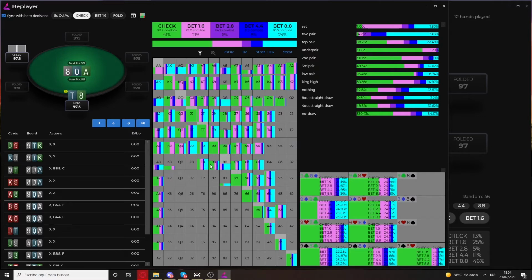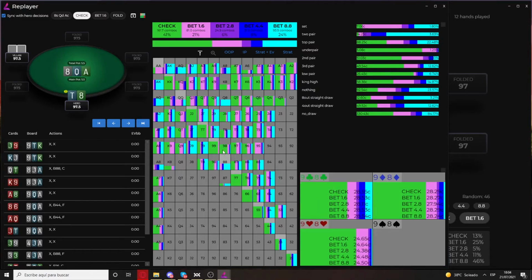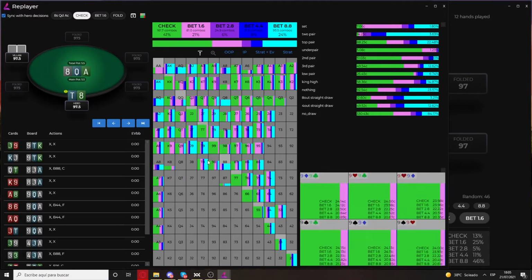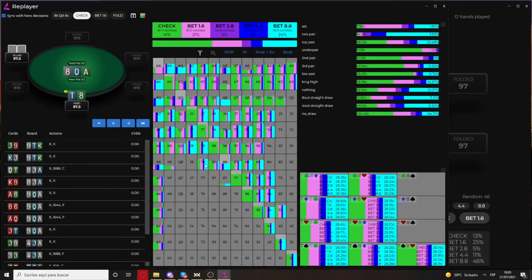For example, 9-8 is not really doing it. 9-8 is more along the lines of what I said before. Some of those combos are like 30 to 40% of the time betting, while this combo of 9-8 is betting like 20% of the time. The thing I was not paying enough attention to is the 10 blocker being a fairly good blocker.